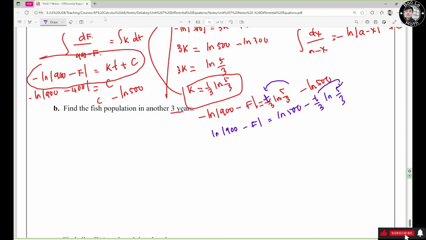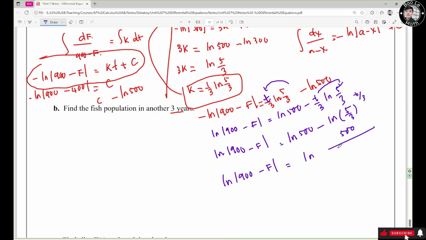So natural log of absolute value of 900 minus f equals natural log of 500 minus natural log of 5 over 3 raised to the t over 3. Now it turns out to be natural log of absolute value of 900 minus f equals natural log of 500 divided by 5 over 3 raised to the t over 3.